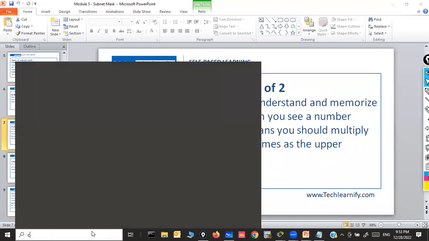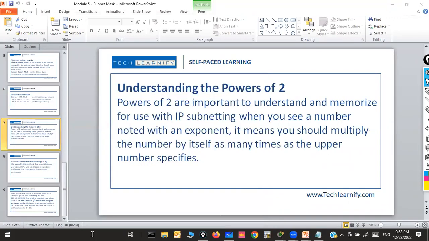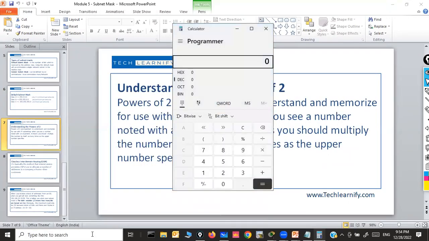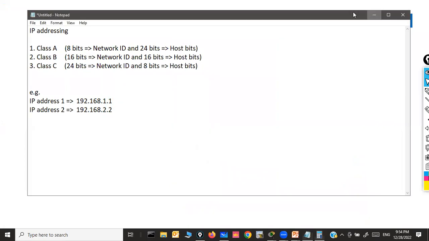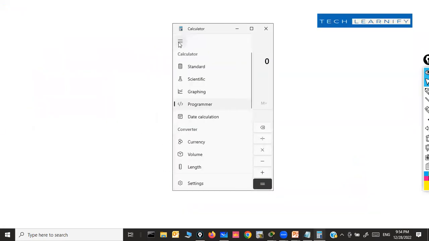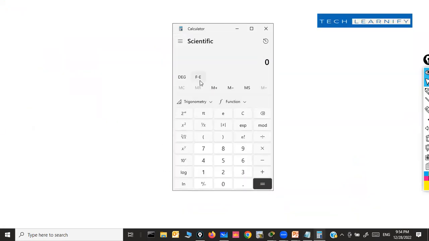I need to open it again. So this time I'm going to change this to scientific, and let's say 2 raised to the power 8 is equal to, and see here, 256.